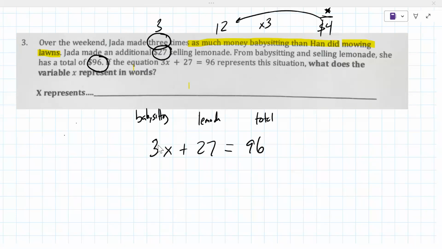Nope, the 3 is the multiplying by 3. x is the number that you multiply by 3. So that's what you have to say.